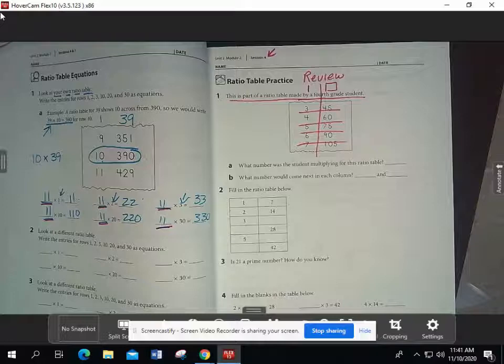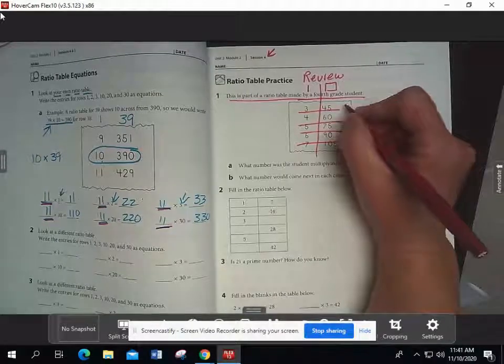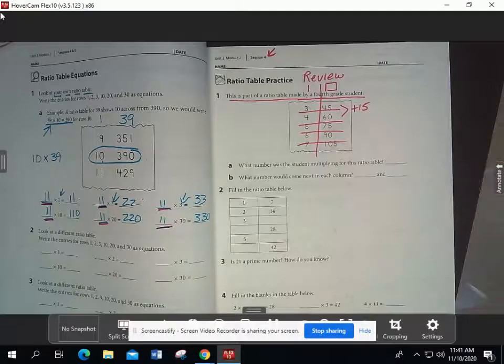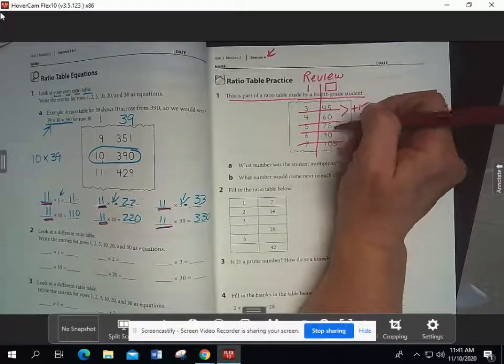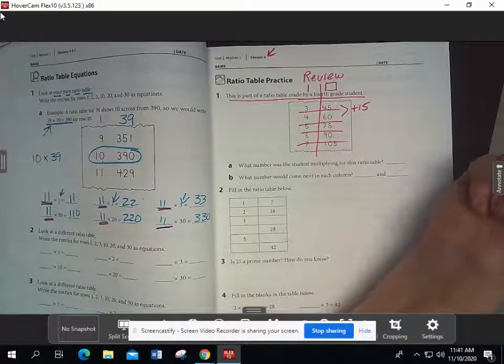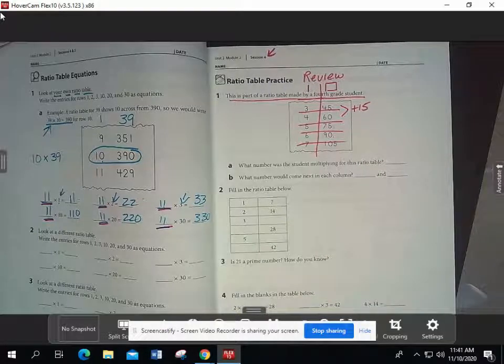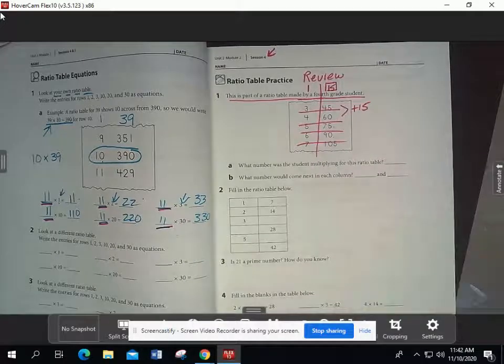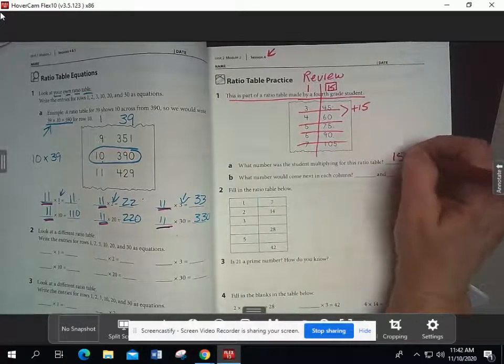Because 45 plus 15 equals 60. 60 plus 15 equals 75. 75 plus 15 equals 90. Okay, so he's looking at the number patterns. He noticed how this column is changing. Remember, a ratio table is the count by numbers. It's the multiples. This one is by 15. So that answers our question.